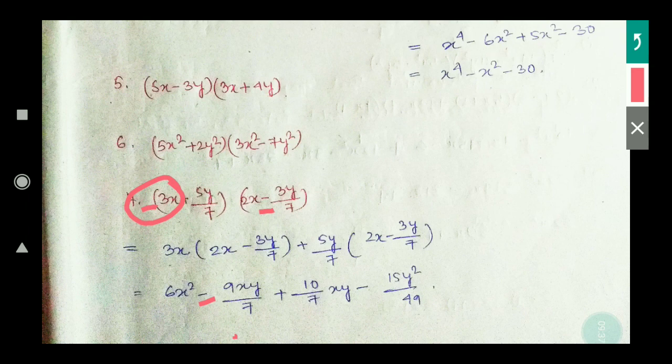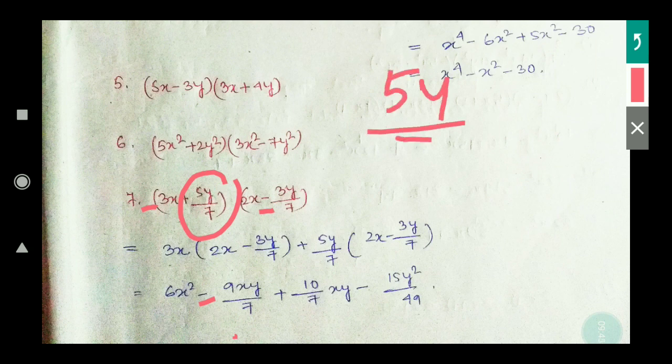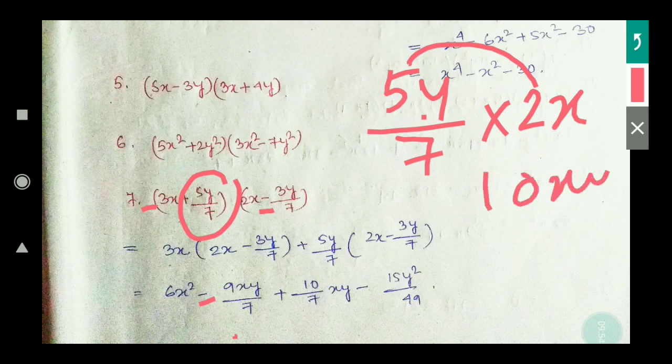Now with the second term, 5y/7 into 2x. If you are confused, then you can write in the working column and do the multiplication: 5 2s are 10, numerator multiplication, y and x, 10xy/7. Both are plus, so it will be plus only.